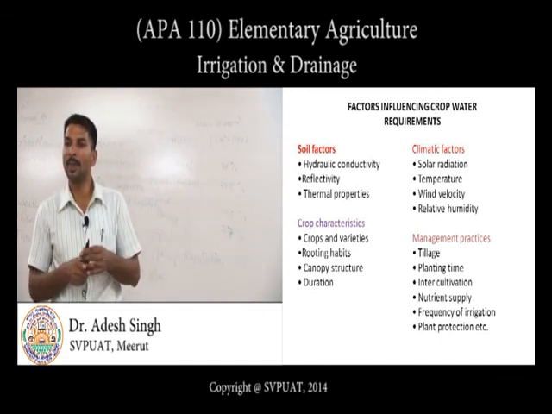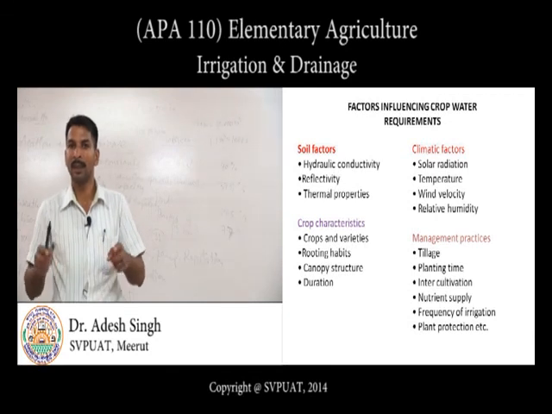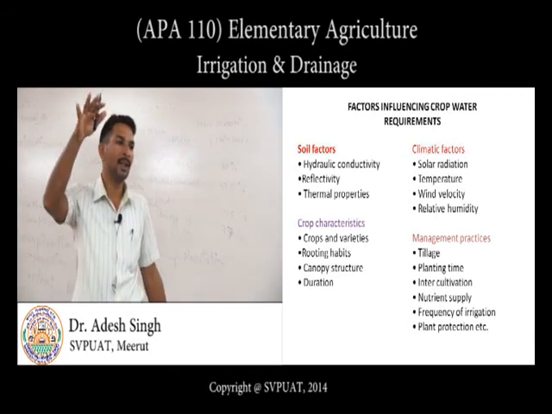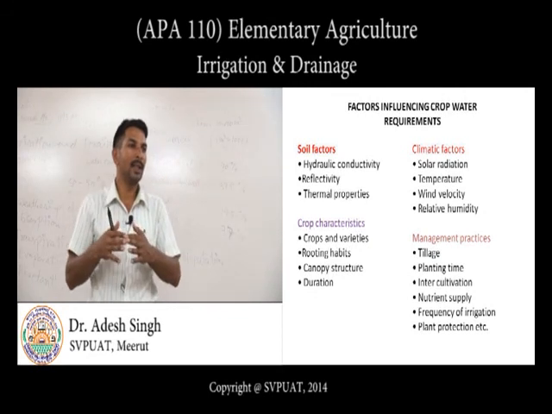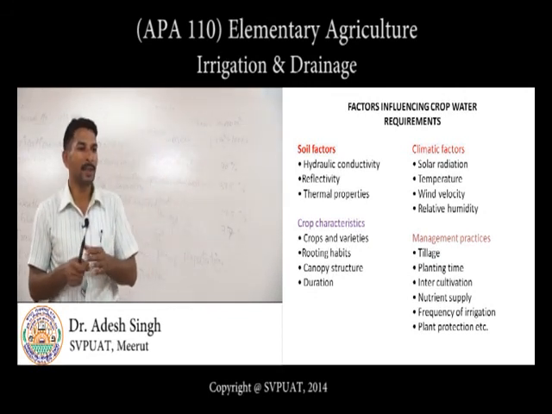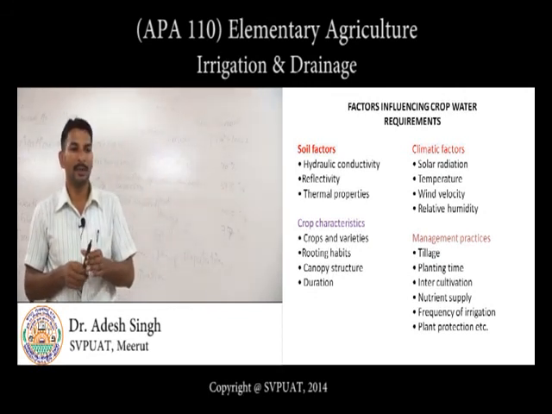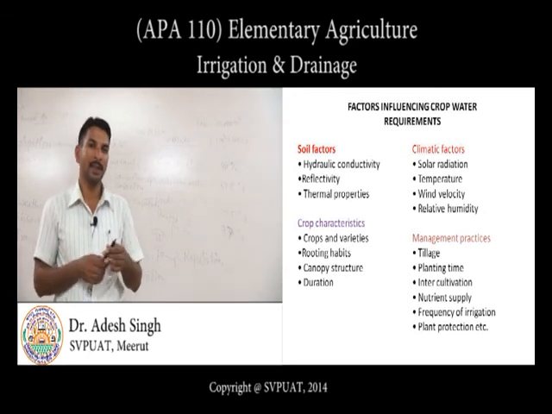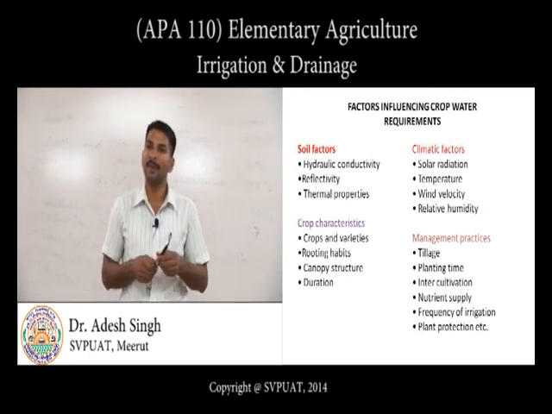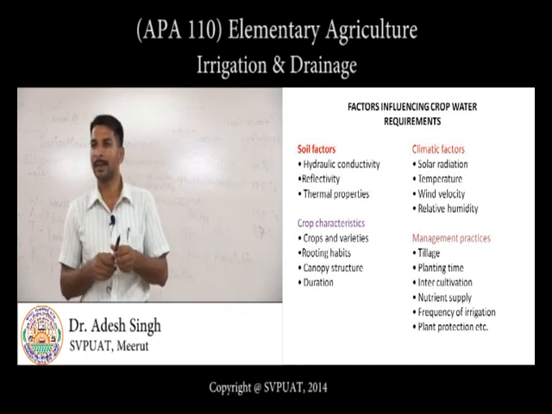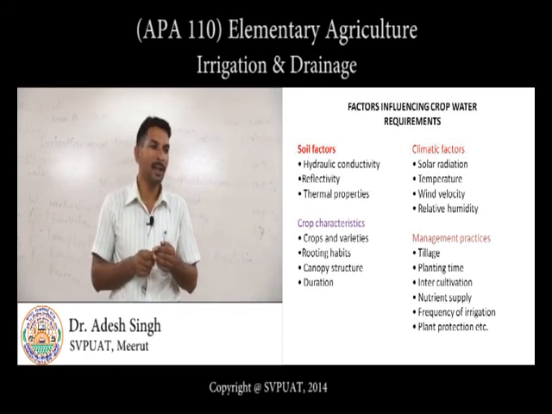Clear? Then canopy structure. Canopy means whatever foliage is there in the plant, it also influences the water requirement.